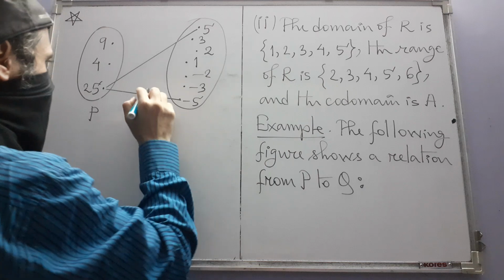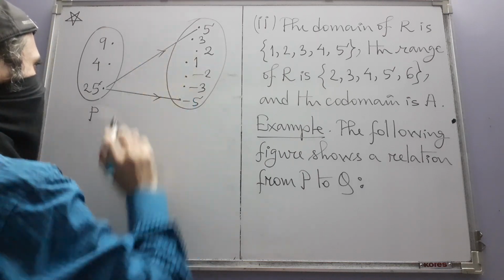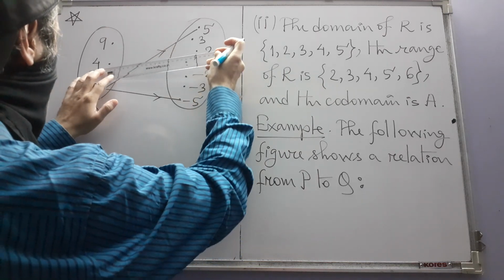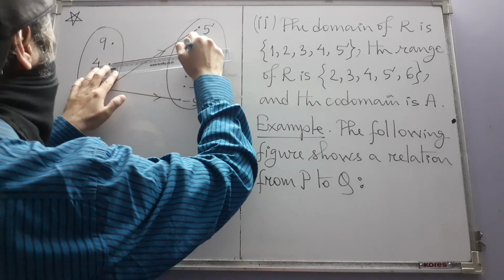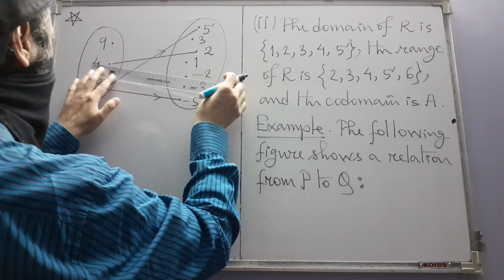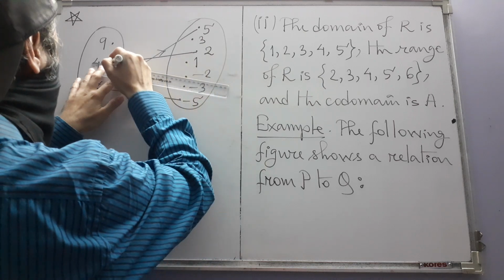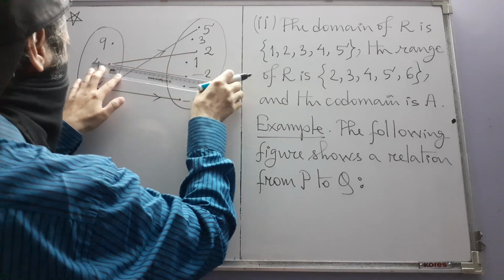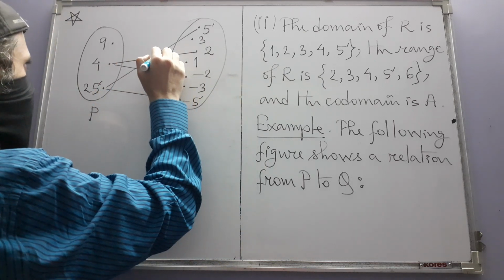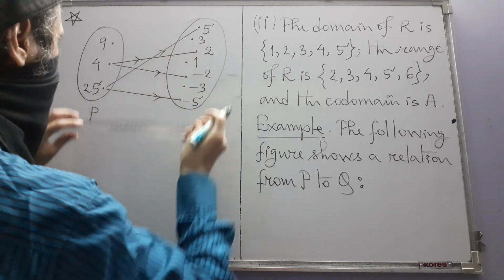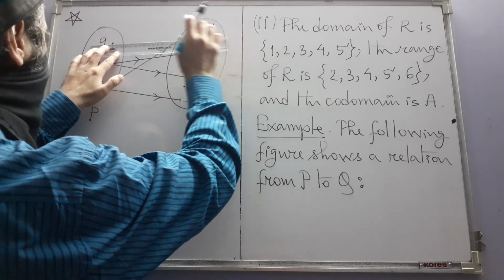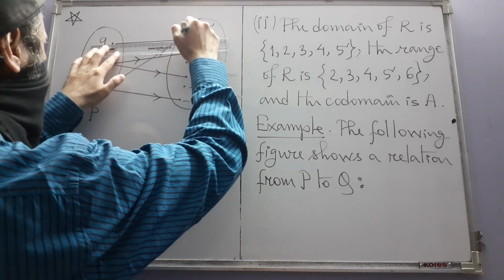That itself will tell you what this relation is. 4 is going to be related to 2 and -2. And 9 is going to be related to 3 and -3.